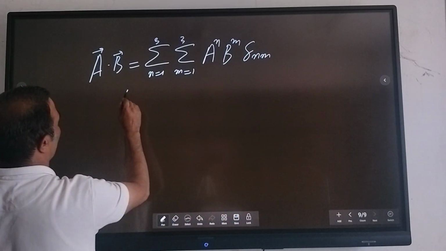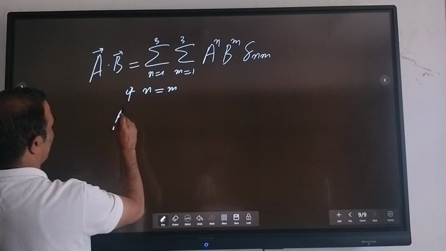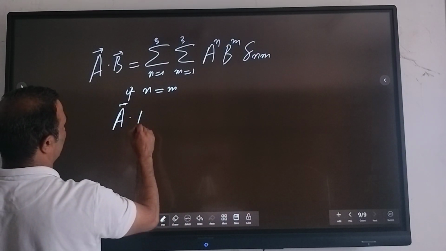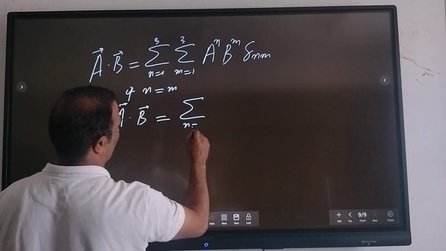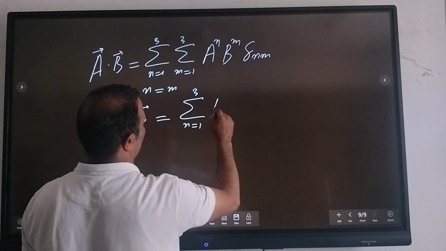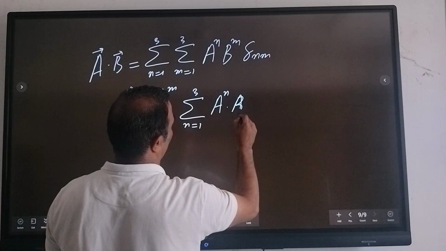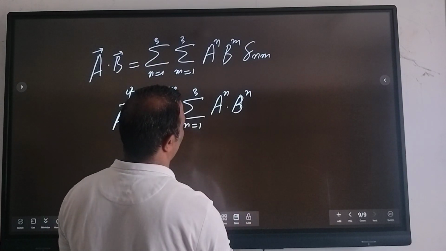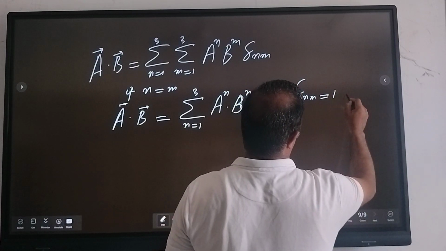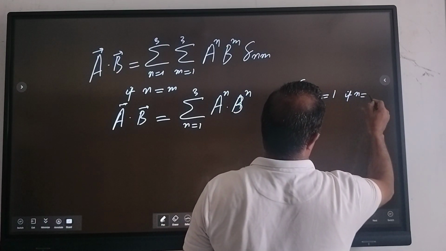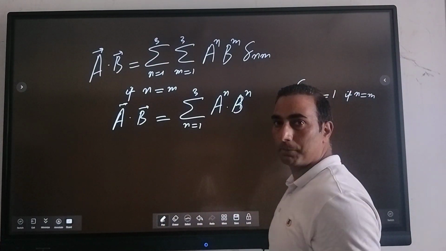So that means if n equal to m, so we can have that a dot b will be equal to. Right, because this delta n m will be equal to 1 here, n is equal to m, so when n is equal to m then a dot b will be this one, right?